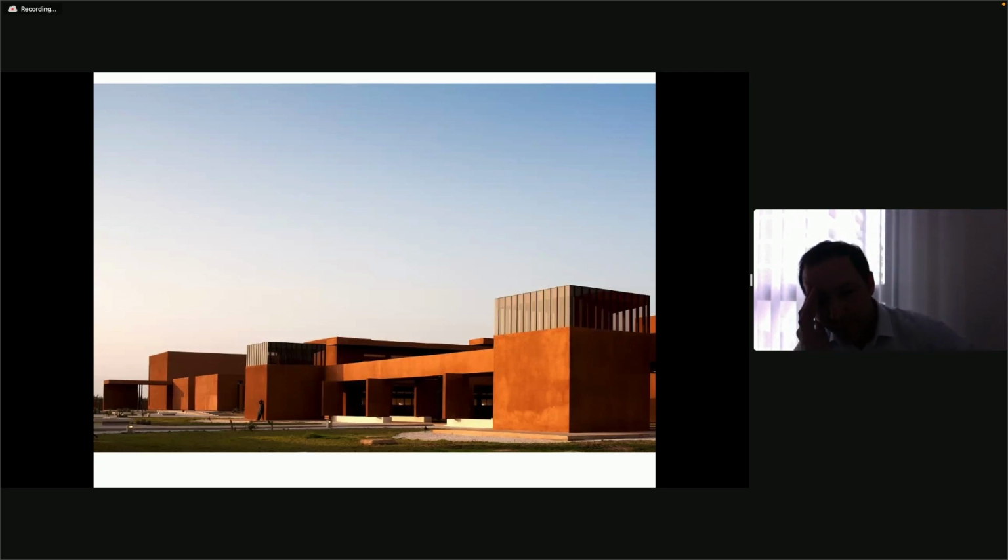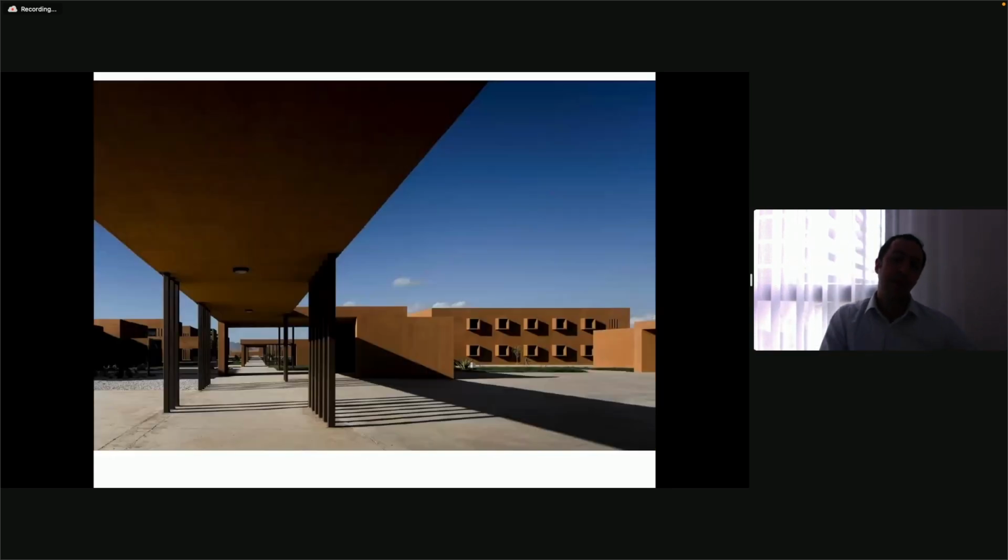And we have to deal with this context in the south of Morocco, with 2 projects that we did 10 years ago, the Taroudant University and the Guelmim Technology School. We implemented a lot of earthquake-resistant solutions, because we had very strong regulation codes that we had to respect.